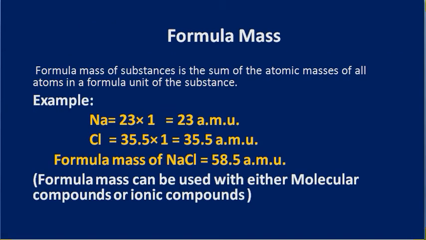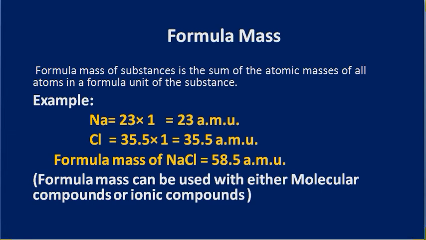Now come to formula mass. Formula mass is a little bit different, but the same method we apply. The term molecular mass applies to molecular compounds, and the term formula mass can be used with either molecular compounds or ionic compounds.